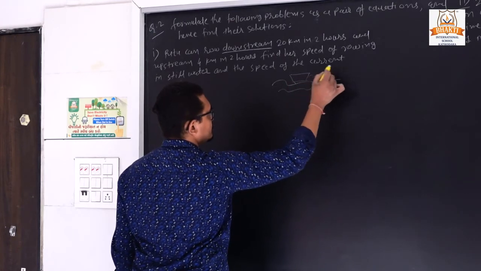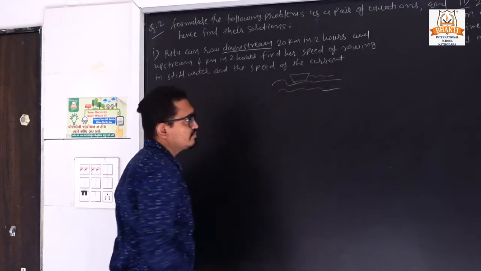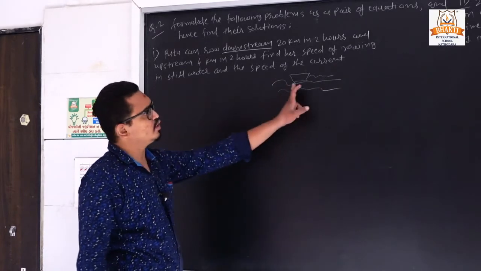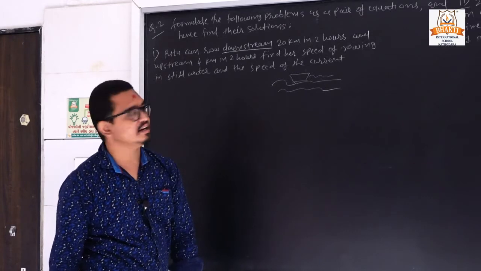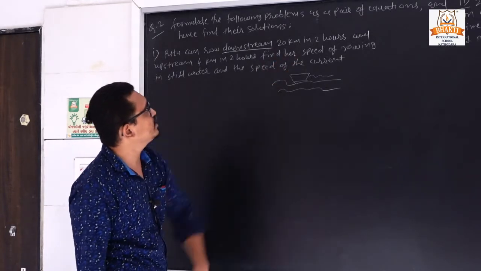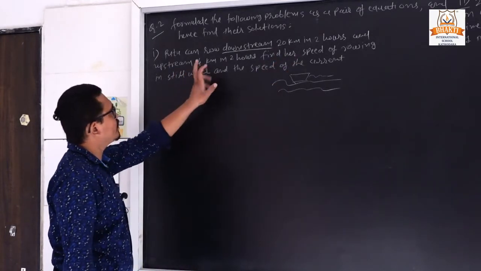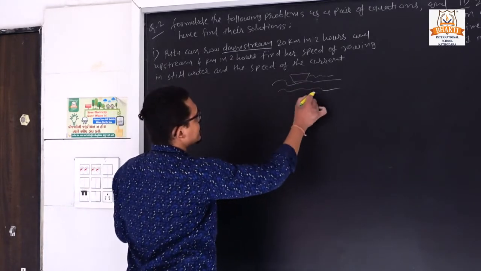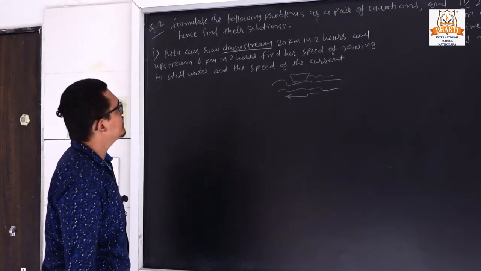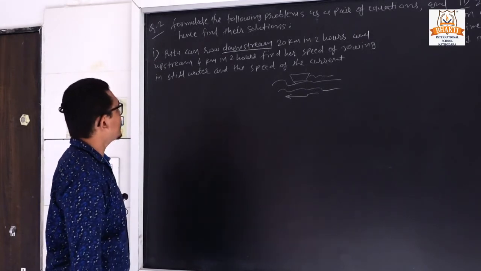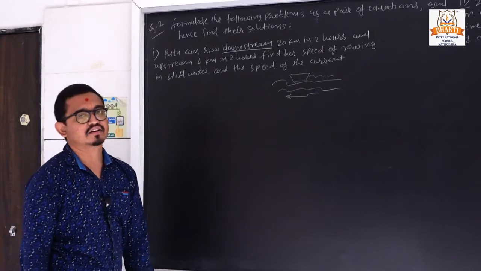So downstream means what? In the flow of water. Clear? So our speed will automatically increase because we are going with the current of water. In 20 km in 2 hours, and for upstream 4 km. Upstream means what? In the reverse direction of water. So find the speed of rowing in still water and the speed of the current.